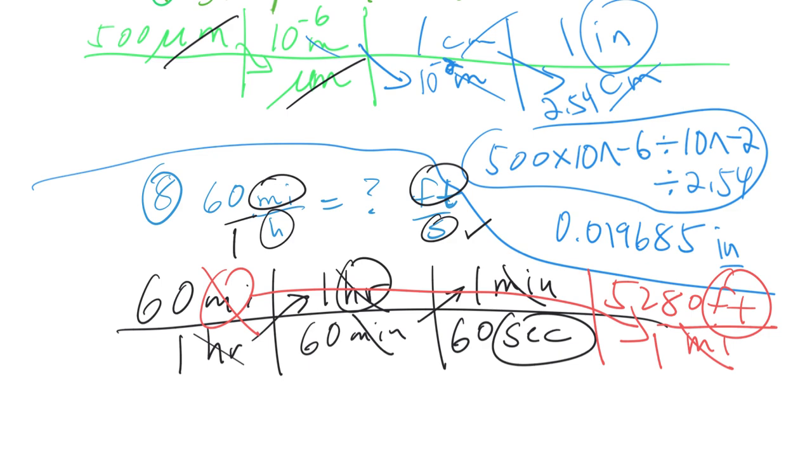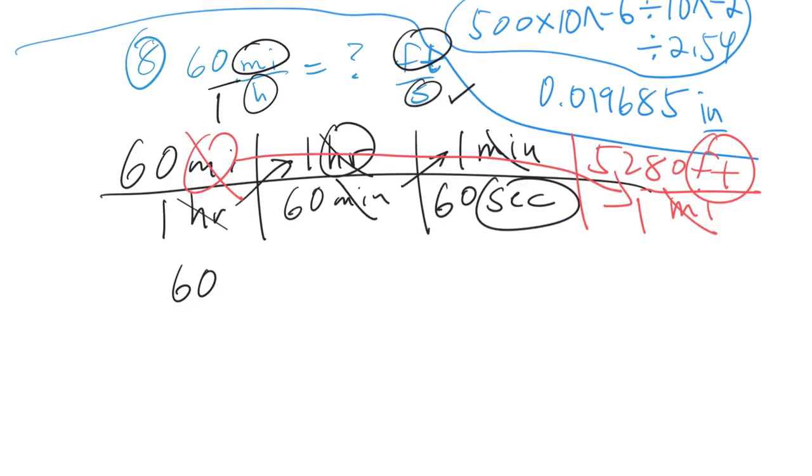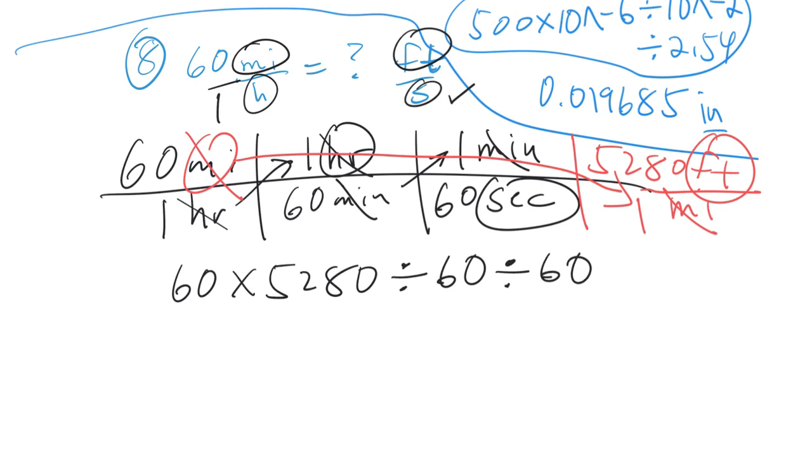So let's do that calculation. So it'd be 60 times 5280 divided by 60 divided by 60 divided by 1. And I'm getting 88 feet per second. So 60 miles per hour is 88 feet per second.